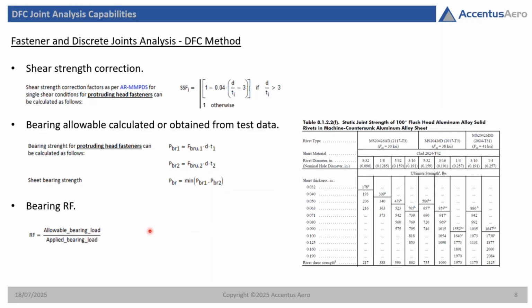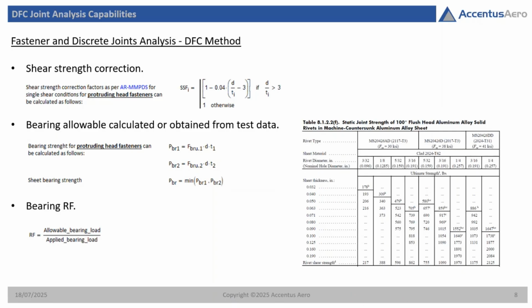Bearing allowables are calculated either by the simple formula of bearing strength times diameter times thickness. For protruding head fasteners and typically for countersink fasteners, you use the test data as typically in ARM MPDS to get the combined bearing and shear allowable for that joint. And then the bearing RF is simply the allowable bearing over the applied bearing.